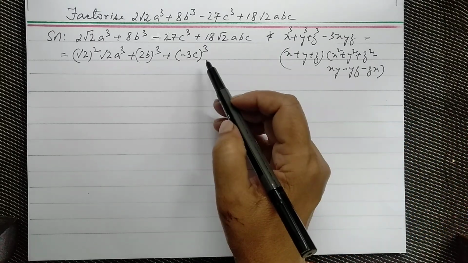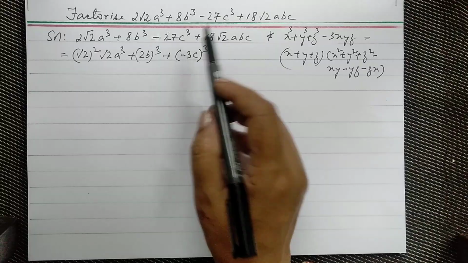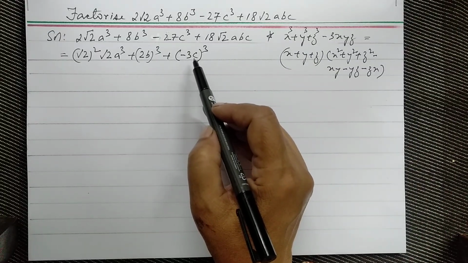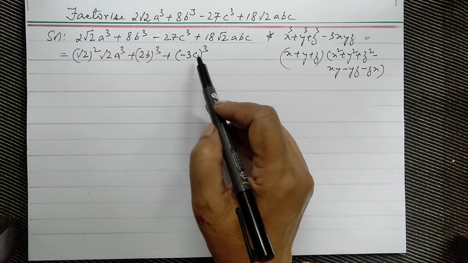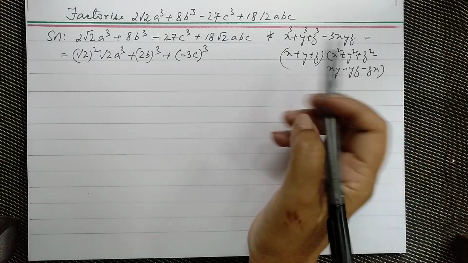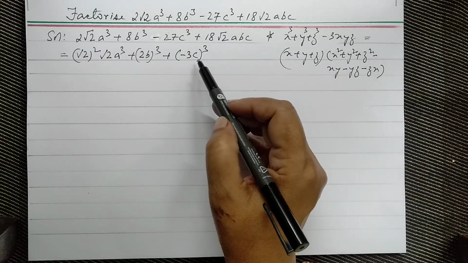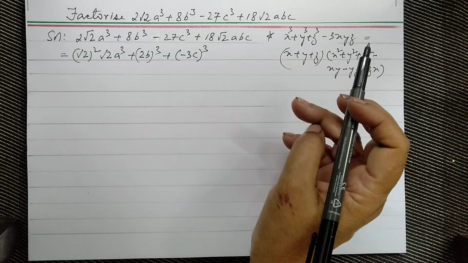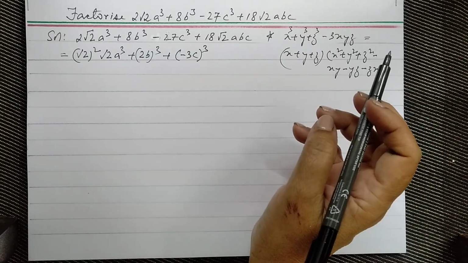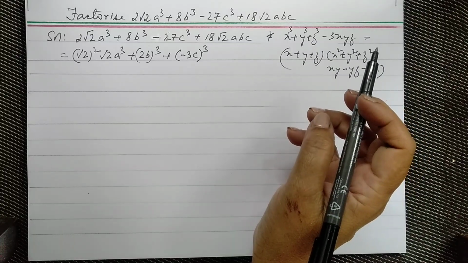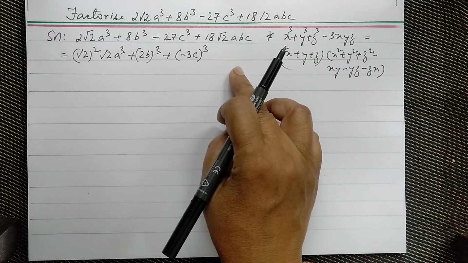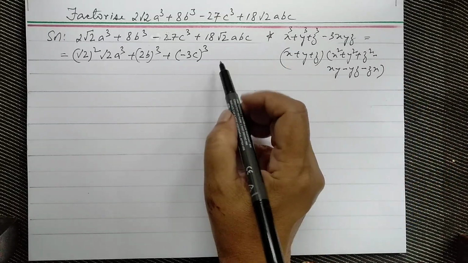So to do justice with minus 27c cube, I have put a minus sign here. Minus 3 into minus 3 into minus 3 is minus 27, isn't it? The same goes for minus 3c cube. So this is what I meant by giving the full steps or doing the full justice to this identity and trying to express with this sum.